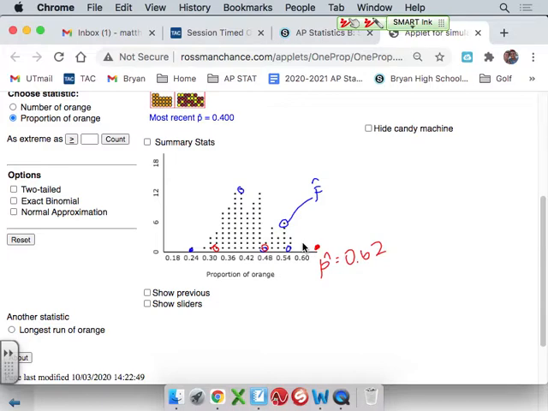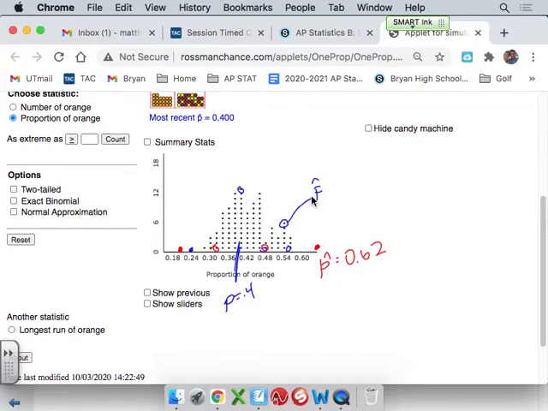If I only had a bag with 20% orange, then yeah, something probably went wrong. You can use these simulations to see, if I'm supposed to have p equaling 40%, how likely was it for my sample to pop up by chance? That is the goal of these sampling distributions.